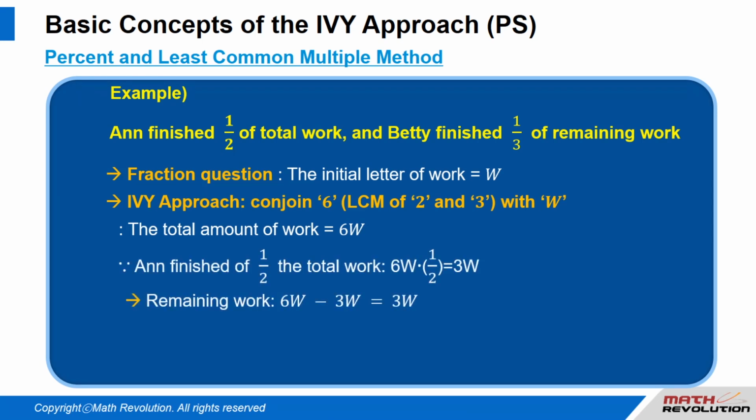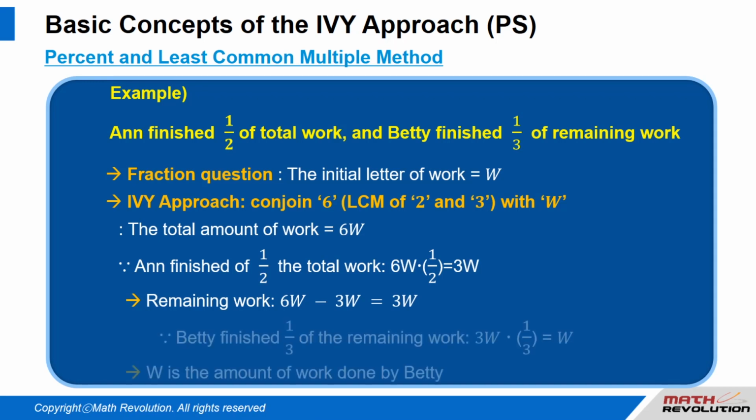Since Anne finished 1 over 2 of the total work, we get 6 times W times 1 over 2 equals 3 times W. The remaining work is then 6 times W minus 3 times W equals 3 times W. Since Betty finished 1 over 3 of the remaining work, we get 3 times W times 1 over 3 equals W. W is the amount of work done by Betty. Percentages and fractions never seemed so easy, did they?